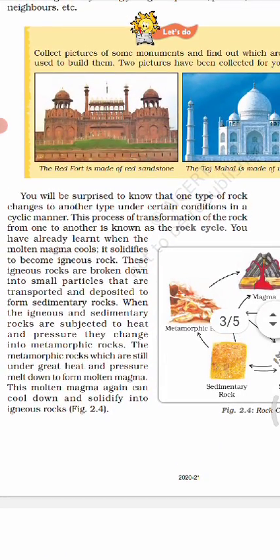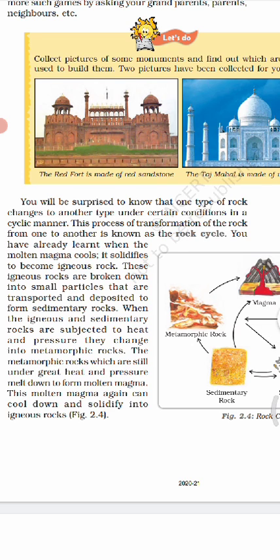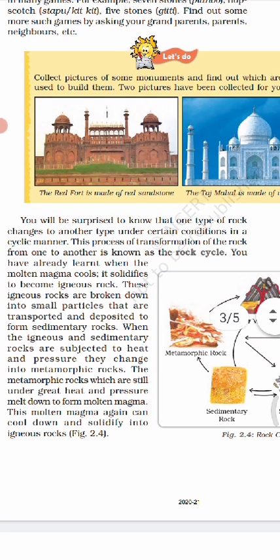Then comes the rock cycle. How do rocks change to another type of rock? Let's start. You will be surprised to know that one type of rock changes to another type under certain conditions in a cyclic manner. This process of transformation of rock from one to another is known as the rock cycle.